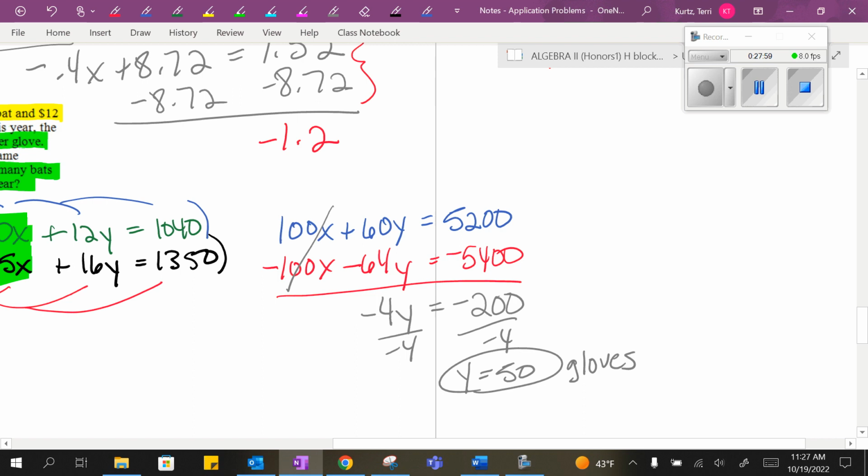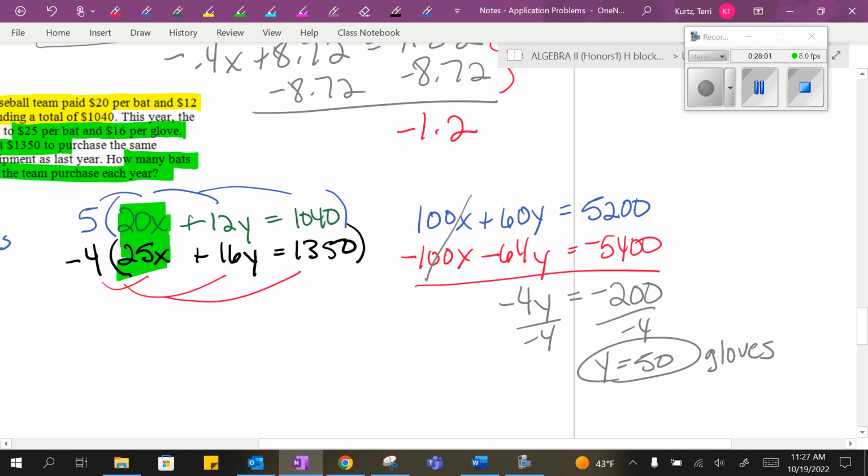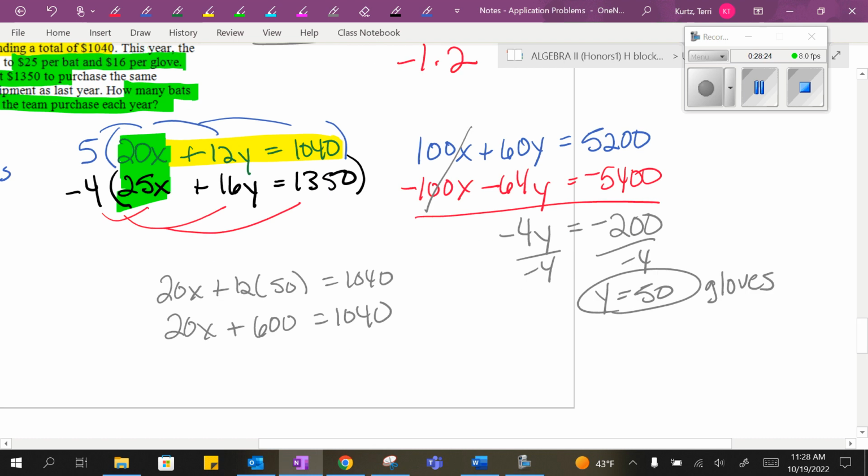And I can plug in for my bats. So I'm going to go ahead and use this first equation. And I've got 20x plus 12 times 50 equals 1040. 12 times 50 gives me 600. I can subtract 600.